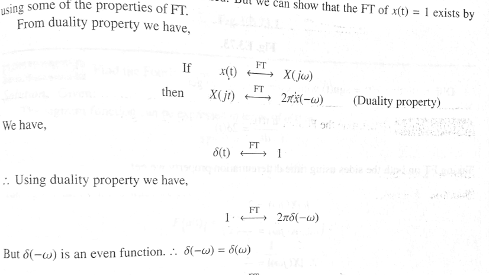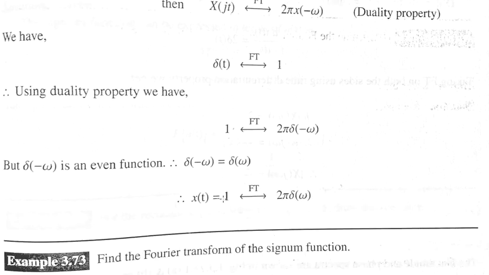In place of x, our signal is delta of t, because that is the signal we want to find. So x of minus omega will become delta of minus omega, and for the impulse signal only one value will be there and it is even. So delta of minus omega is equal to delta of omega. Means when x of t is equal to 1, its Fourier transform is 2 pi delta of omega.